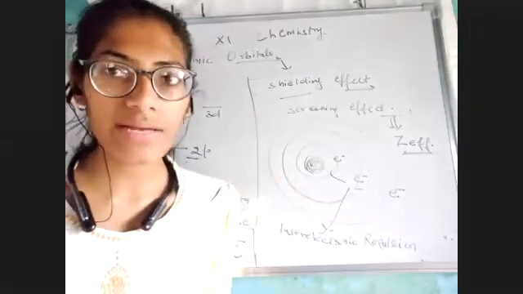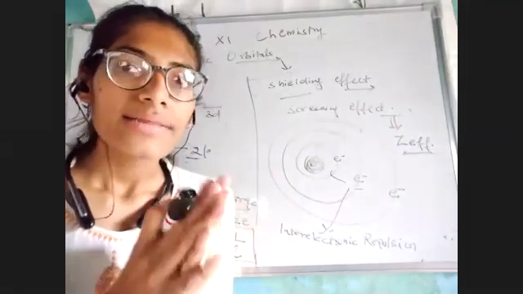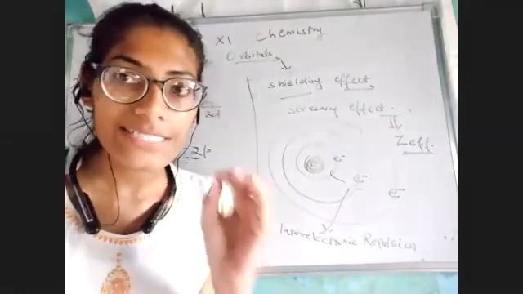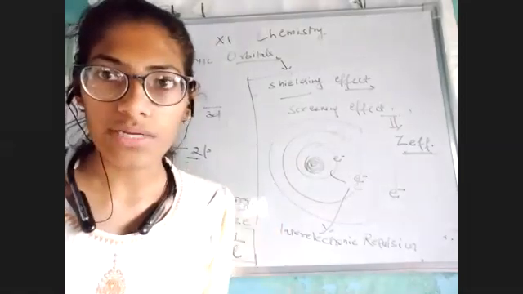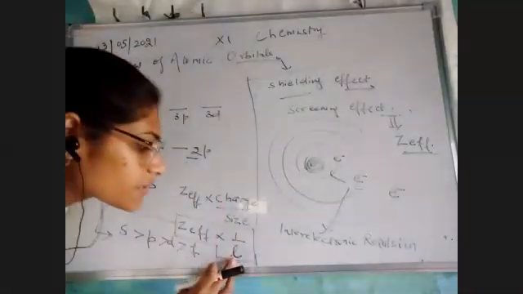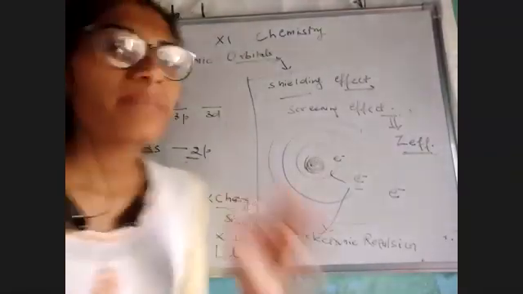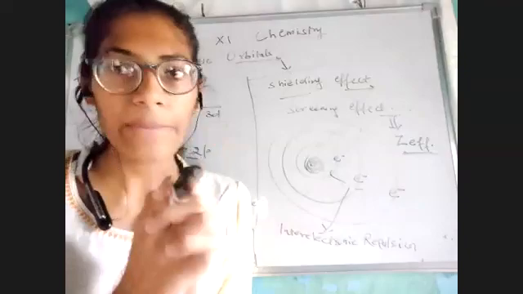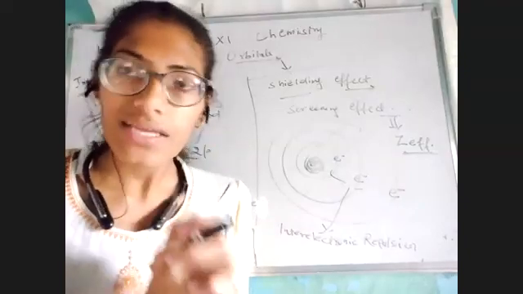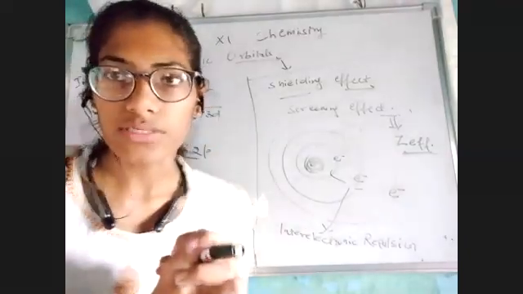So what I'm saying is that our S atomic orbital, since they are closest to the nucleus and due to inversely proportional to our L, they are most tightly bound to the nucleus. They are closely packed. They are closely feeling the maximum Z effective of the nucleus.